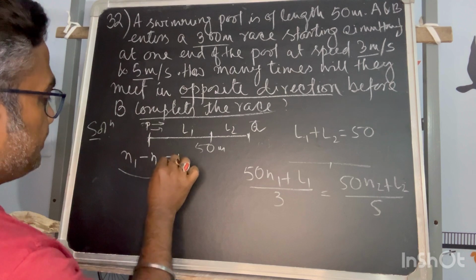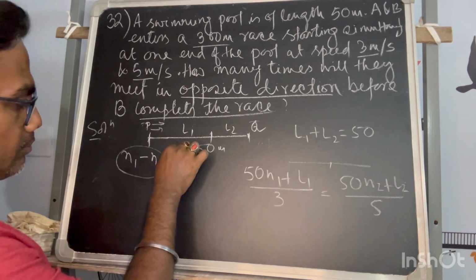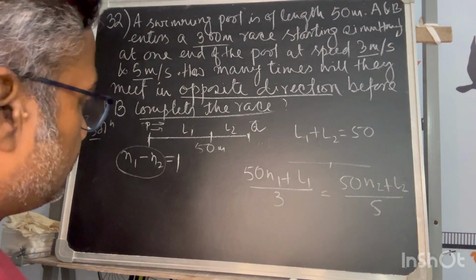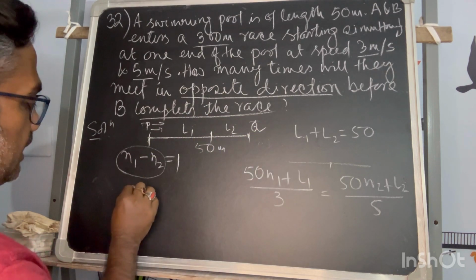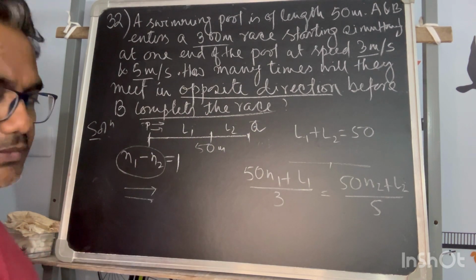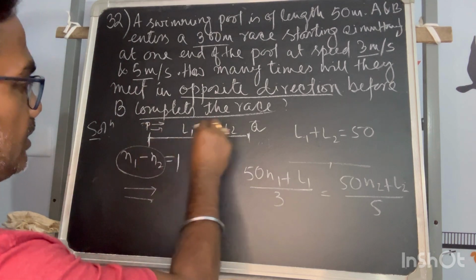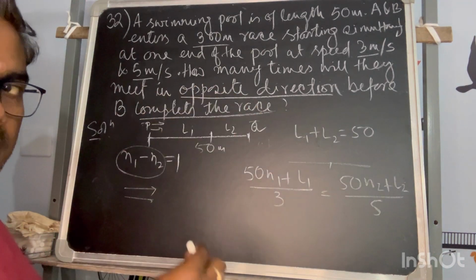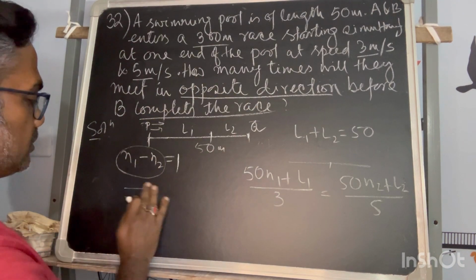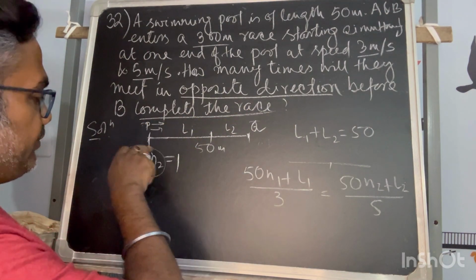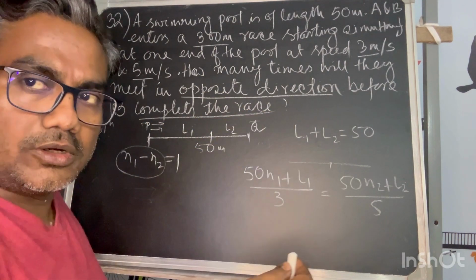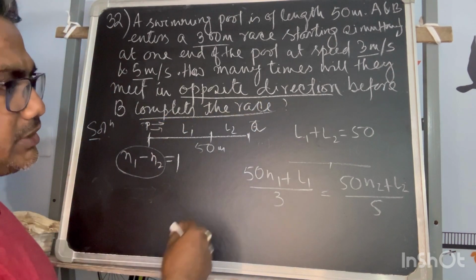So the lap distance between the two must be at least 1. It cannot be even, because with even laps they will be facing in the same direction. If they complete laps and their difference is 2, that means they are facing in the same direction. Unless the difference of the laps is odd, they will not meet in the opposite direction.